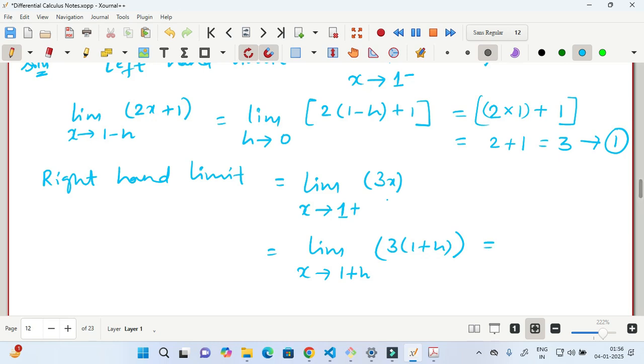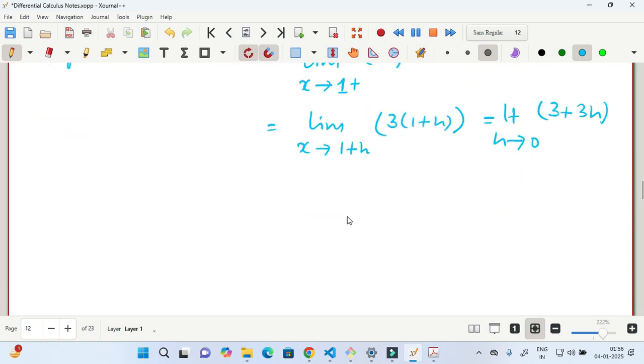Clearly, if you take limit h tends to 0, this is 3 plus 3h. So this is equal to 3 plus 3 into 0, which is equal to 3.